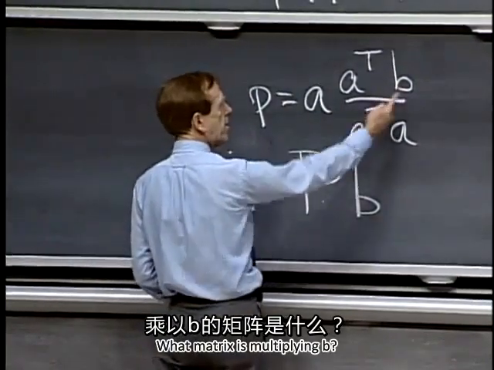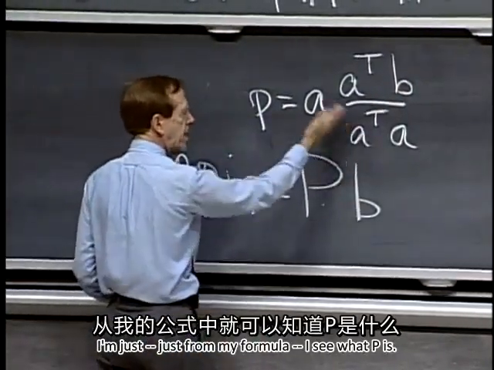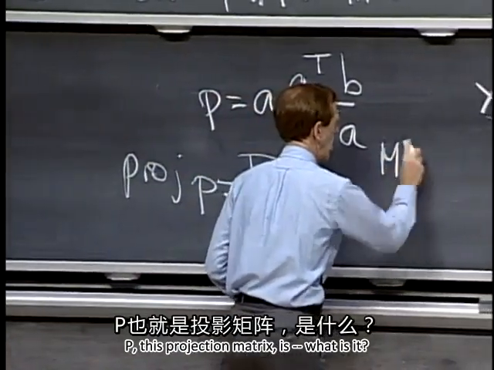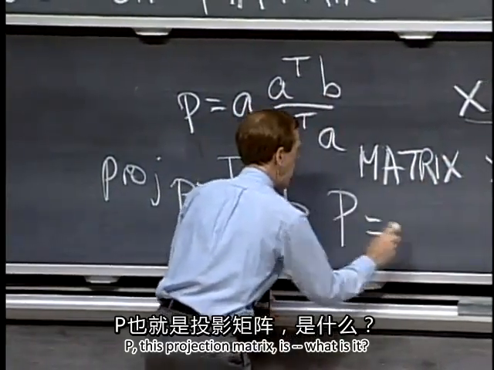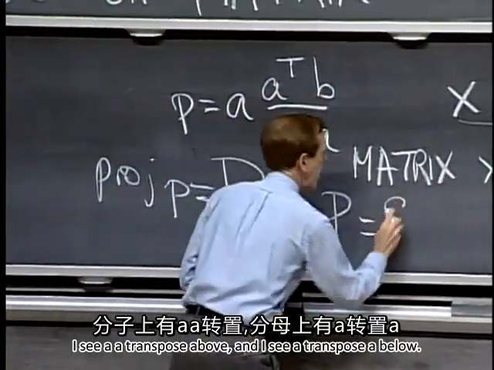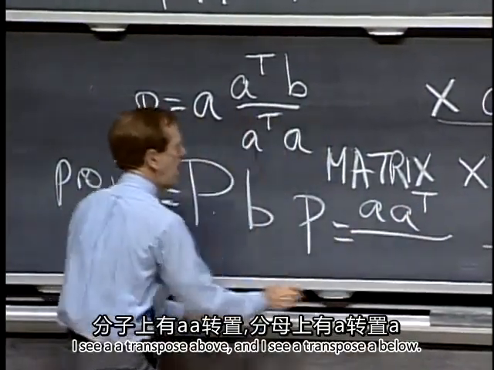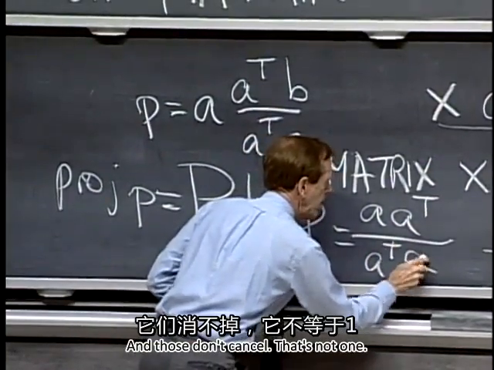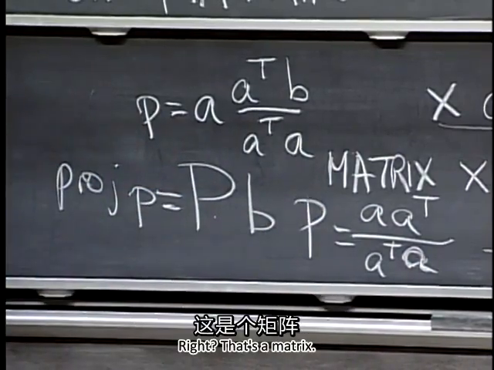What matrix is multiplying B? From my formula, I see what P is. P, this projection matrix, is, what is it? I see A transpose above, and I see A transpose A below. And those don't cancel. That's not 1, right?